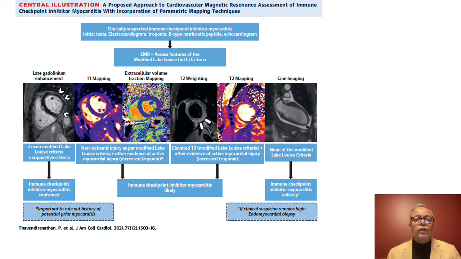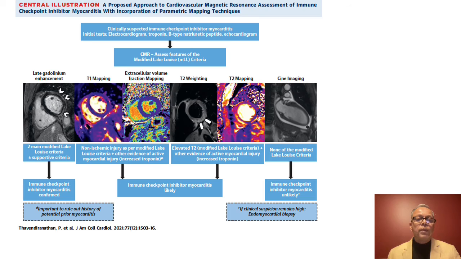We talked about the different techniques which can improve the assessment with MRI, and these include late gadolinium enhancement, which I just spoke about, T1 mapping, extracellular volume fraction mapping, T2 mapping, and cine imaging.